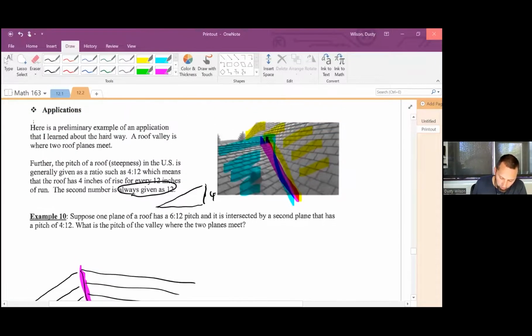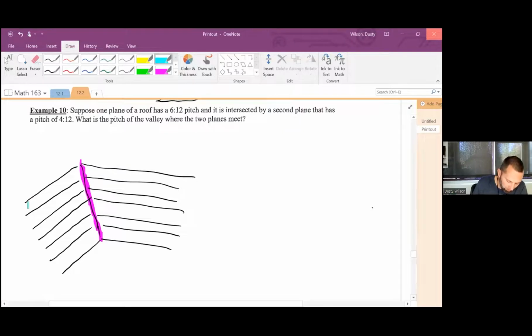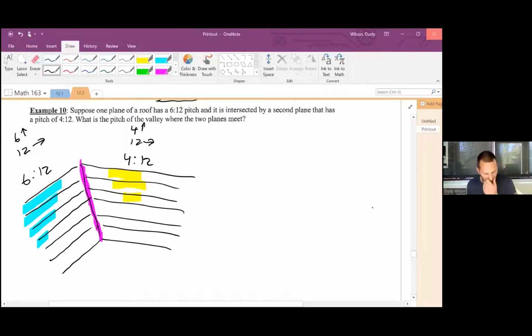Let's suppose that the left plane has a pitch of 6/12, and the right plane has a pitch of 4/12. So 6/12 means 6 up, 12 over. 4/12 means 4 up and 12 over. And our question is, what's going on along the pink ridge line?